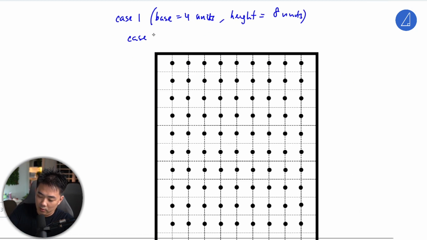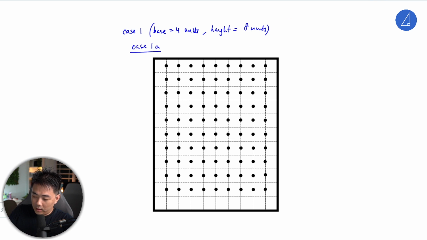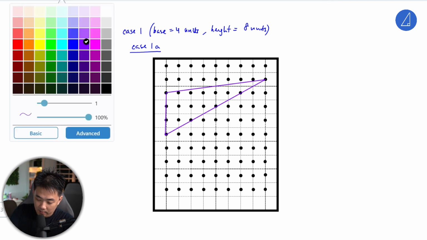So case number 1A will be, we are talking about 4 units this direction, the base here. So then you have 8 units, 1 2 3 4 5 6, oh, there's only one way. So you can have like this over here. So this is like 8 units.